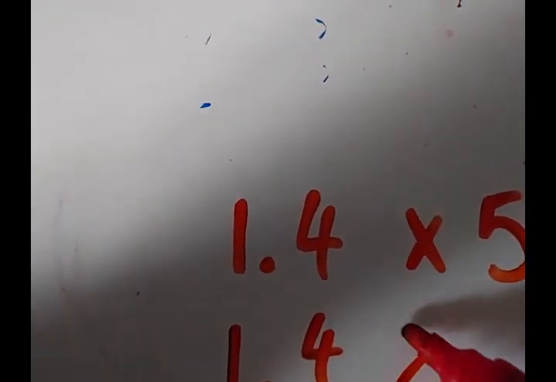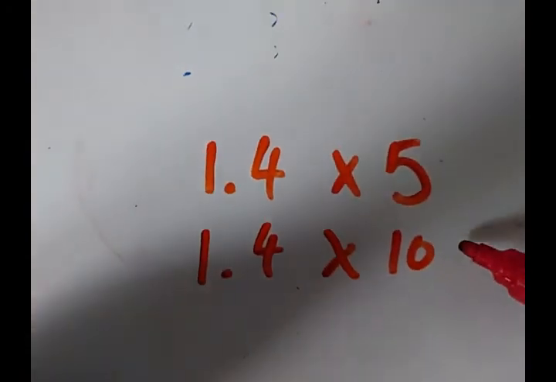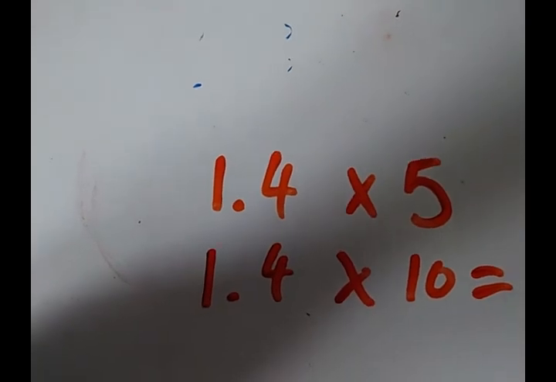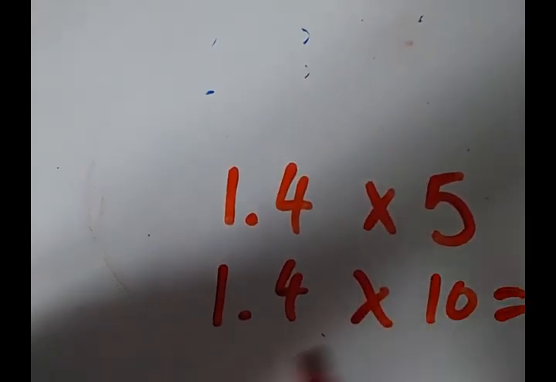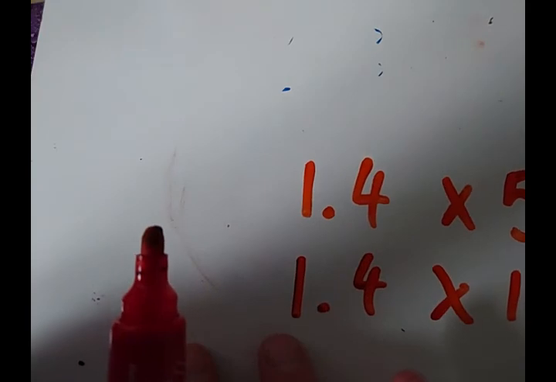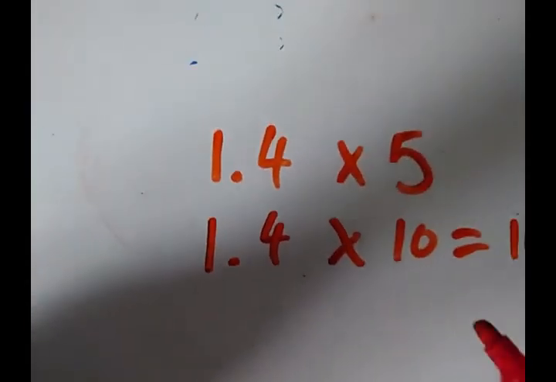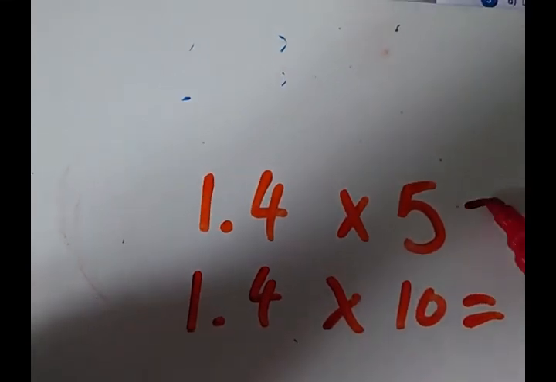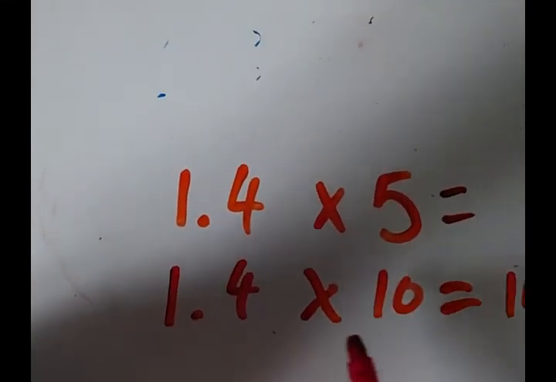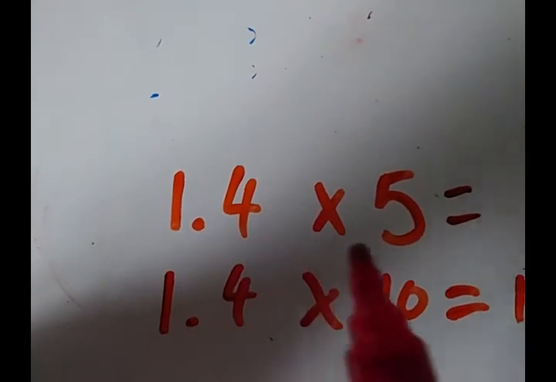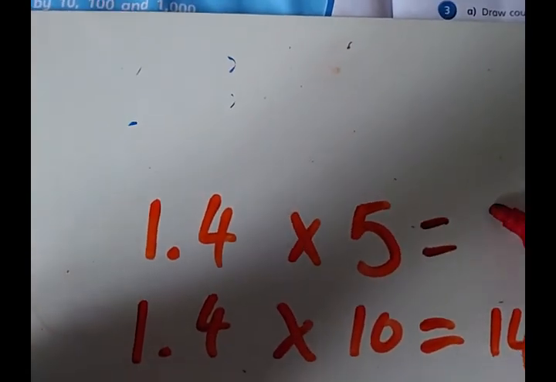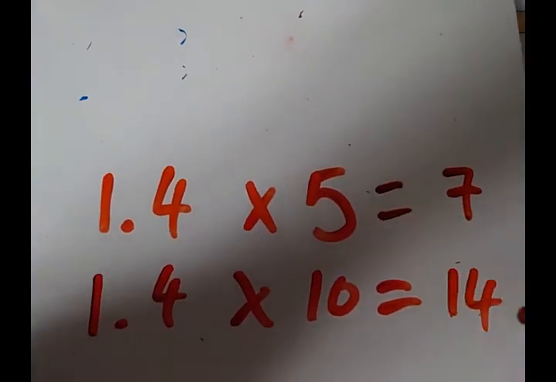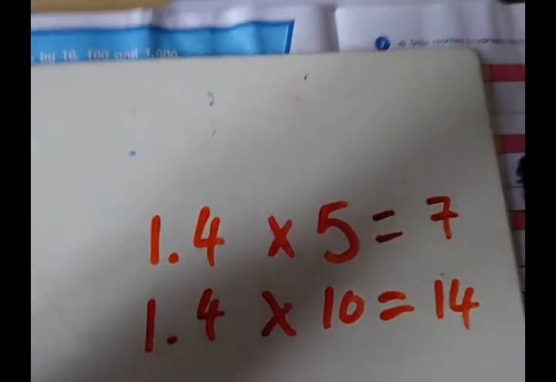We've been doing times 10, and by now, hopefully, you realise that if you shift both those to the left, you get 14. 1.4 times 10 is 14 because the 1 and the 4 just move that way, and you end up with 14. Now, 10 is double 5, so we've timesed it by twice as much. So 1.4 times 10 is double 1.4 times 5. So if 1.4 times 10 is 14, 1.4 times 5 is 7.